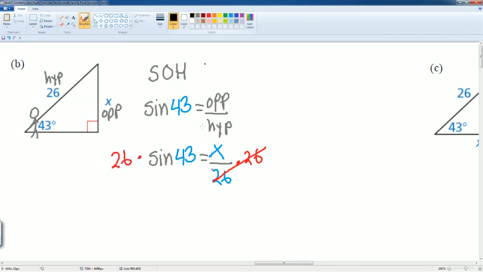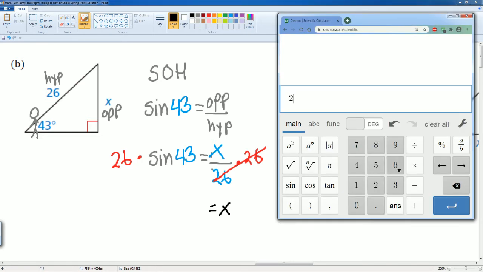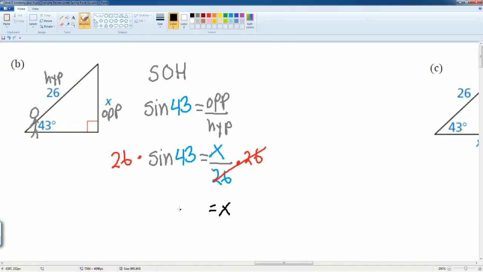So this whole thing is going to be equal to x. Now I can plug that into the calculator. That's your 26. Enter it the same exact way you see it. Times sine of 43. That gets you 17.73. Rounding it to the nearest tenth, which is just 17.7.